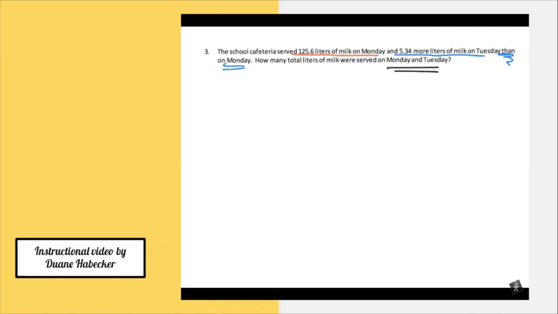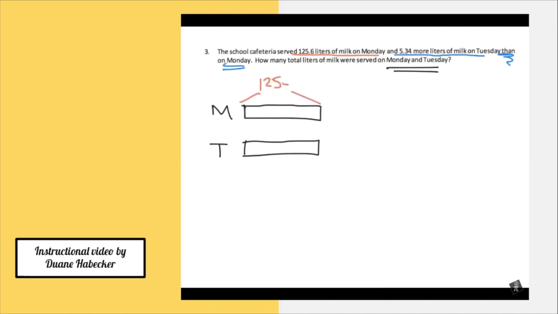So our two characters, Monday and Tuesday, and I'm going to make those two tape diagrams exactly the same length. And then I'm going to go back and read the question. It says the school cafeteria served 125.6 liters of milk on Monday and more milk on Tuesday. So the idea is Monday is right here, and that's 125.6 liters.